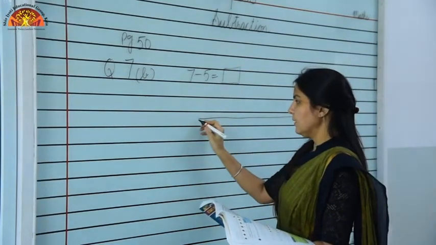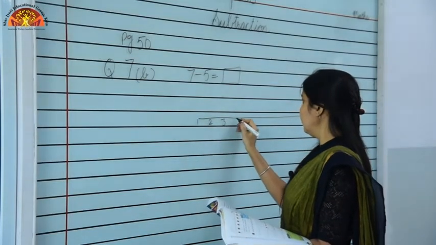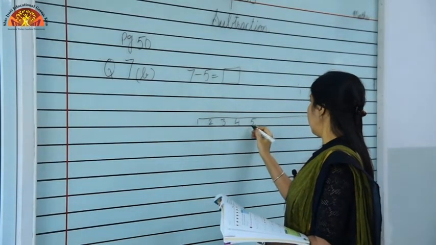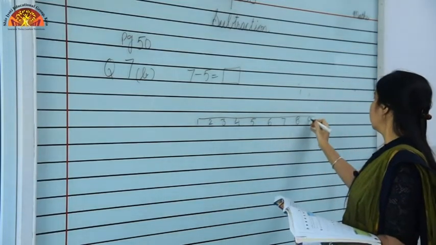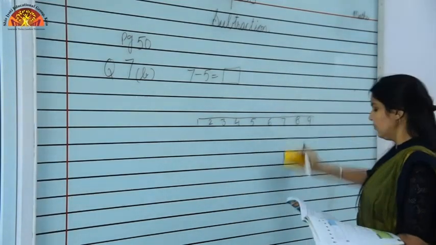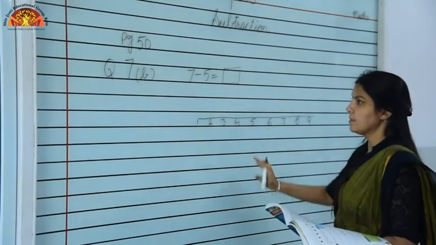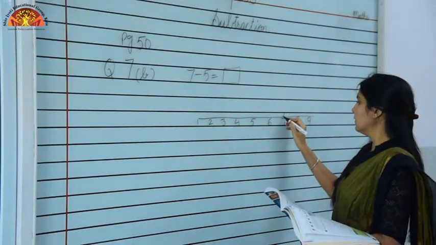So we will mark the numbers on the number line: 1, 2, 3, 4, 5, 6, 7, 8 and 9. And children, which number you have to mark here? You have to mark the bigger number which is given here. This is 7. So we will mark on 7.